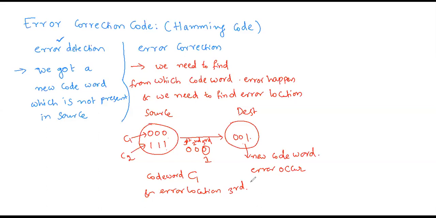Okay. And in the Hamming code, error correction code means Hamming code. Now, we know that to detect an error, the distance between any two code words should be 2.